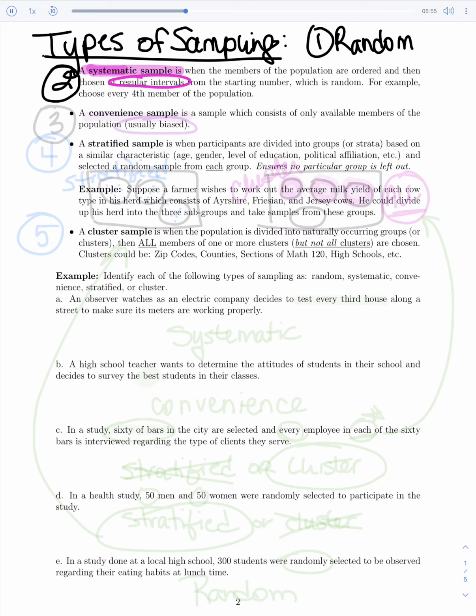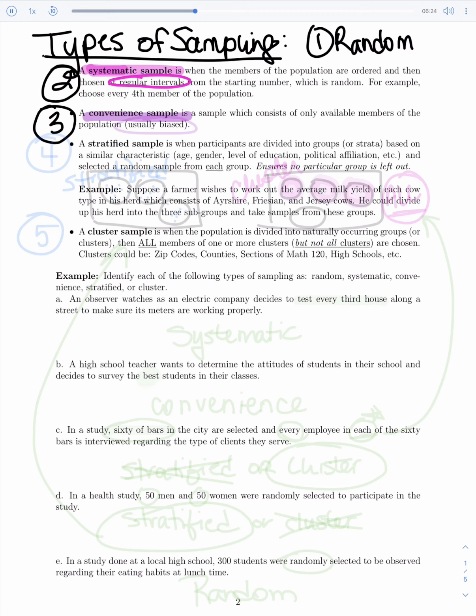A convenient sample is exactly what it sounds like. So our third one, a convenient sample, is whatever is convenient to the person running the test. If I wanted to make a really easy sampling on myself, I'd study all Polk State College students, but out of convenience to me, I would only address my students.